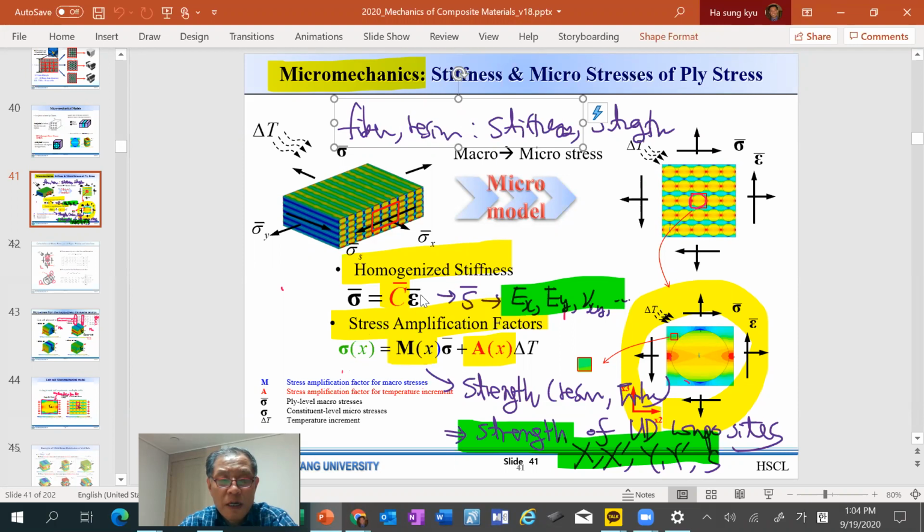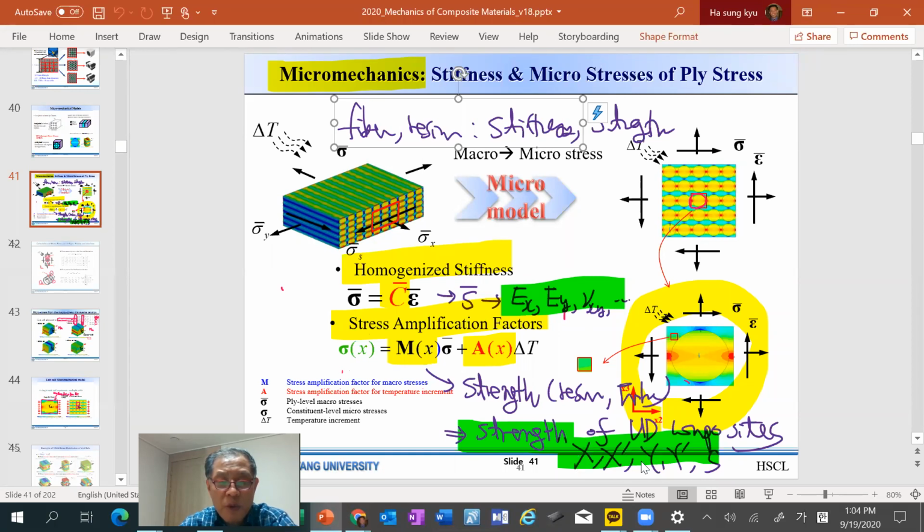So this is the stress amplification factors. The main purpose of the stress amplification factor is to predict the strengths of the UD composites, which we will cover in this course.